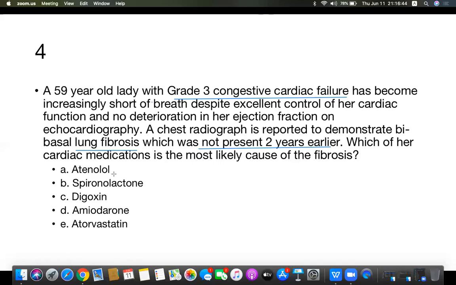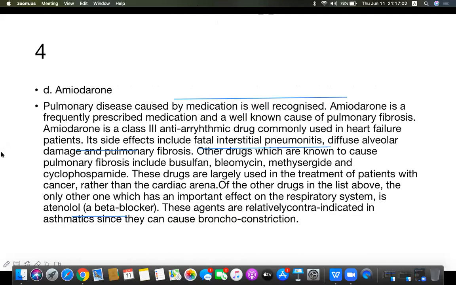Atenolol doesn't cause lung fibrosis. Spironolactone doesn't cause it. Digoxin doesn't have that type of effect. It has to be amiodarone from the list. Now let's talk a little bit about lung fibrosis and the medications which cause it. Pulmonary disease caused by medication is a well-recognized fact.